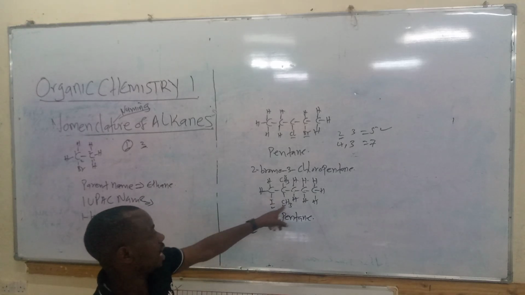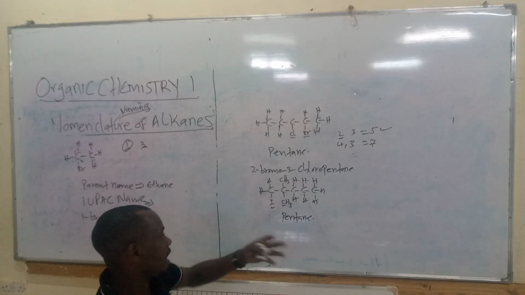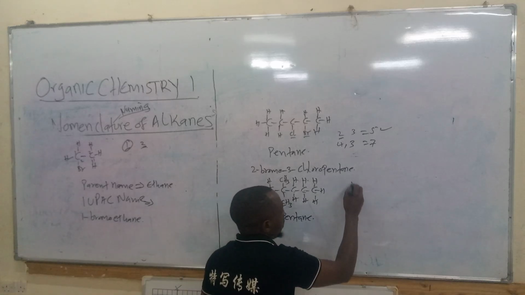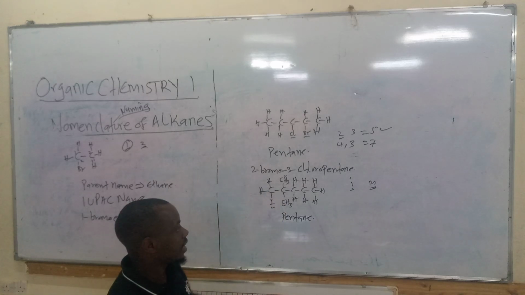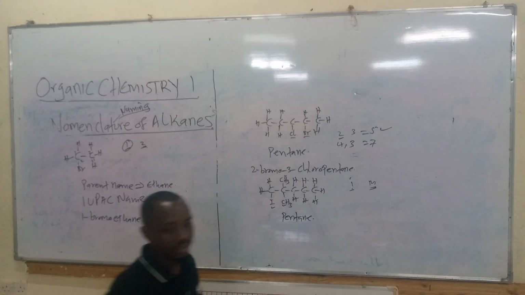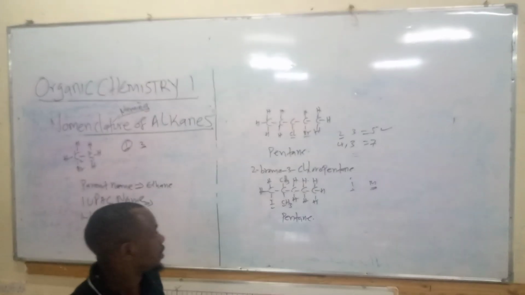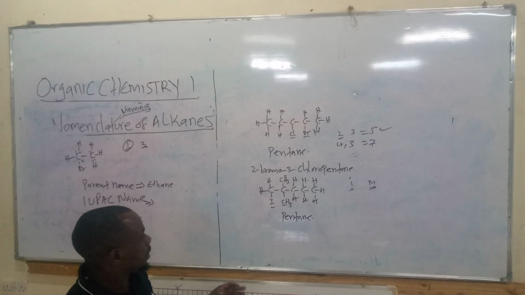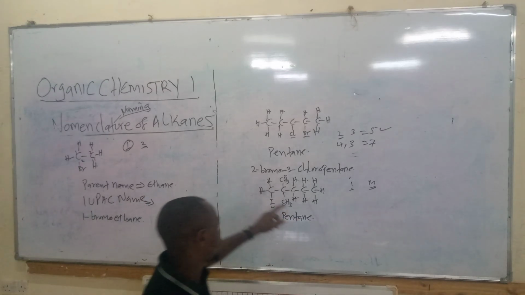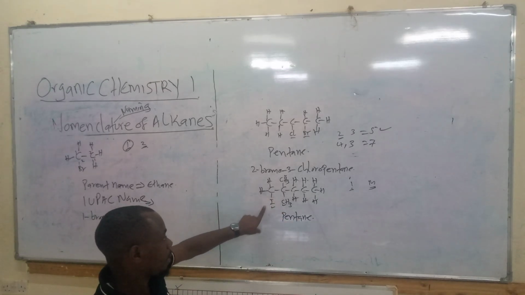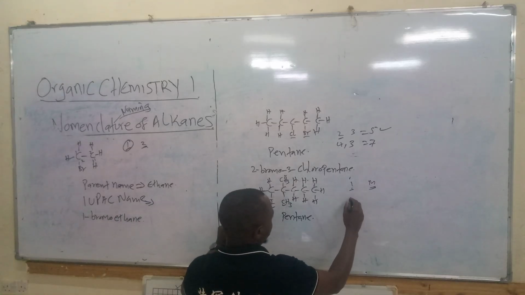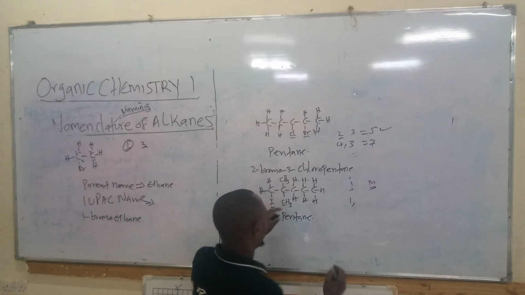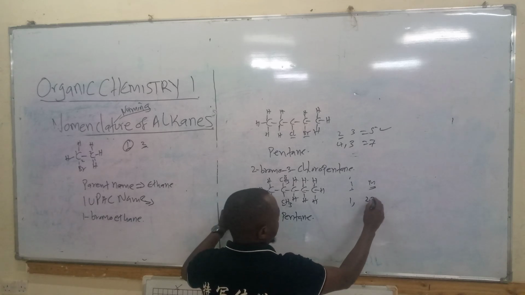Between methyl and iodine, which one comes first? The I comes first, so we begin from iodine. If we begin from iodine, iodine is number 1, while the 2 methyl groups are each at number 2.